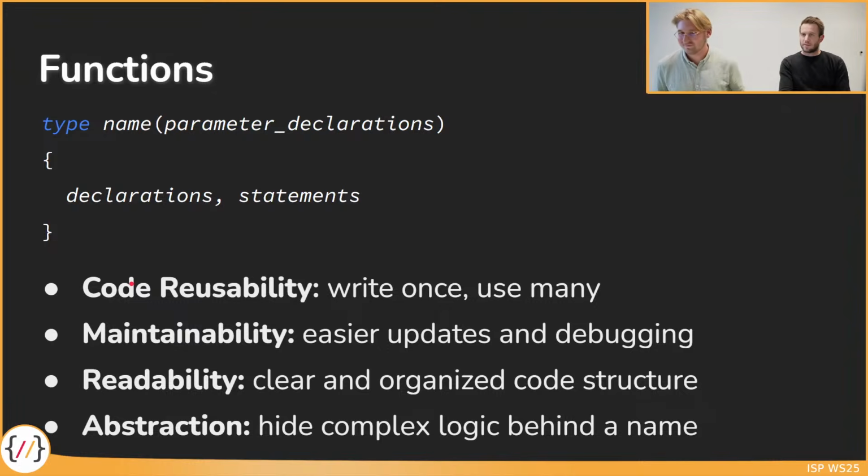Okay, so in general, our syntax looks like this, as we've just seen in this specific example. And why do we do this? Why do we use functions? The first advantage is that it makes our code reusable, meaning that we just write our function, in our example the increasing of the points, once in our program, and then we can call it whenever we want, from everywhere in our program.